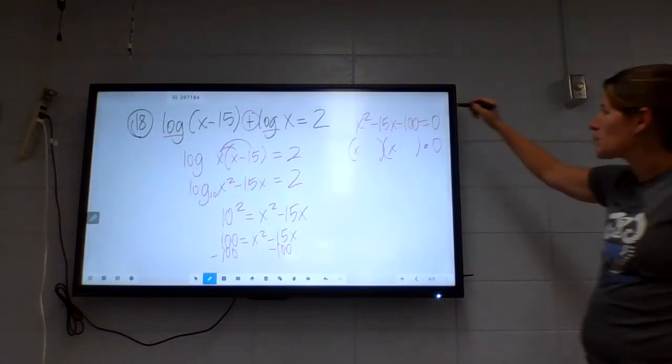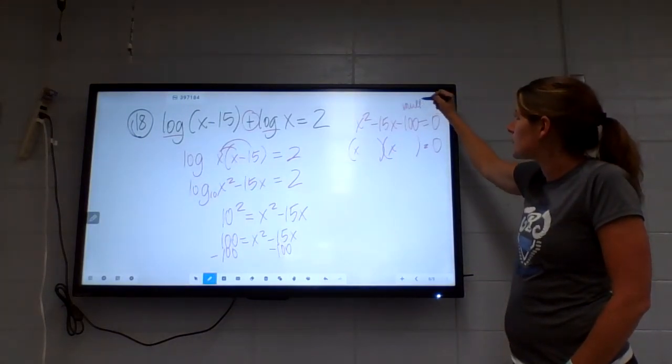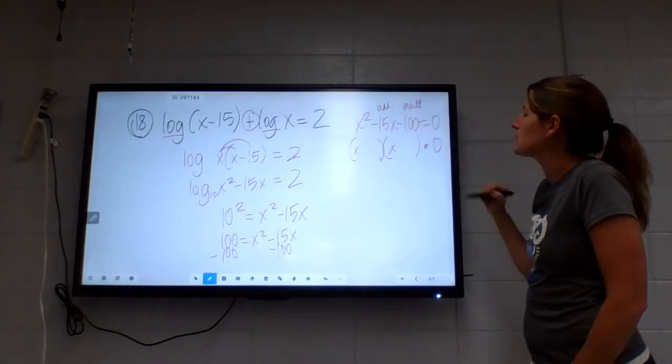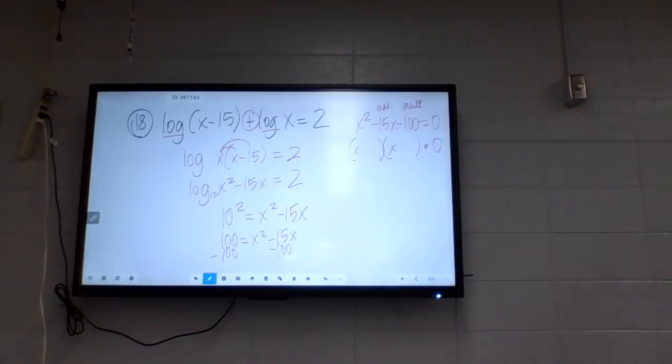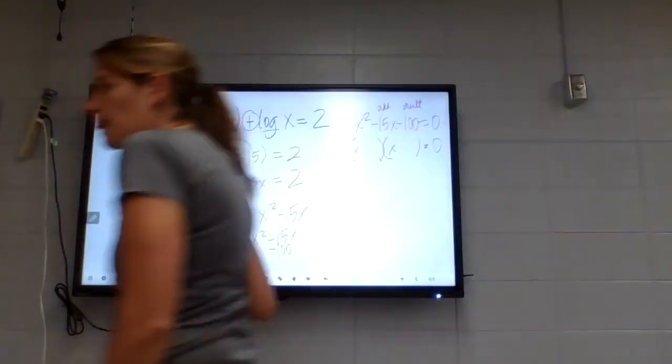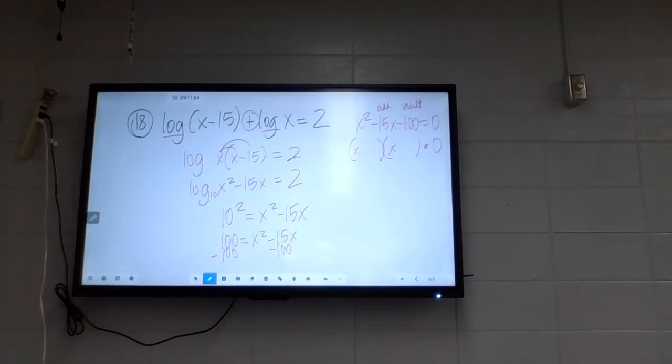If you recall, this is where we want to multiply to get this number. We want to add to get this one. So multiply to negative 100, add to negative 15. Those are two factors. What do you think? Positive 5, negative 20. Positive 5, negative 20, yep.